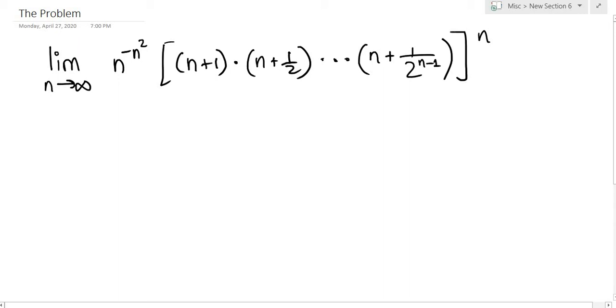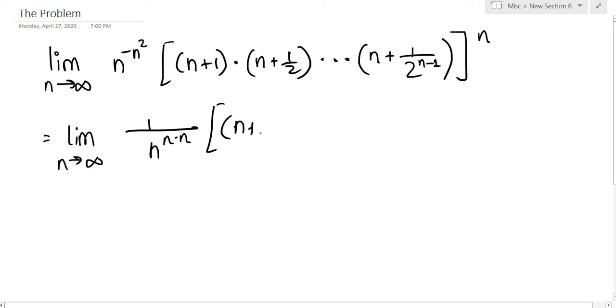Now there is only one thing we can do right now. This unbracketed term, n to the negative n squared power, we can write in a new way. We can write that as 1 over n to the n times n, because there was an n squared.